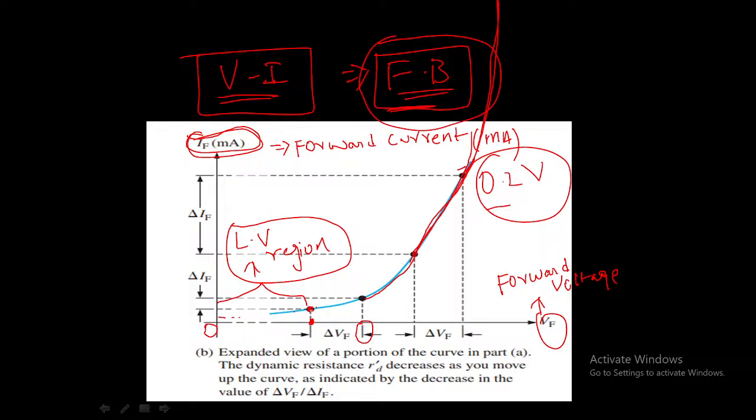At this point the voltage is V1, and here it is V2. The current corresponding to V1 is I1, and the current corresponding to V2 is I2. Then how do we calculate this dynamic resistance?